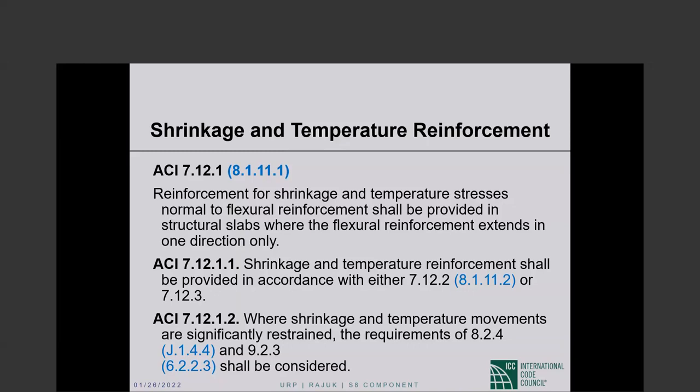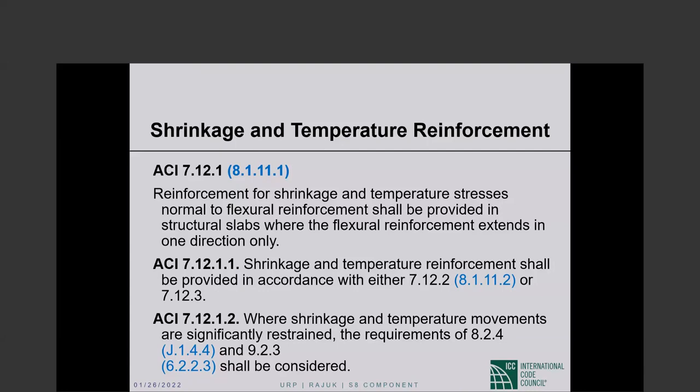Where shrinkage and temperature movements are significantly restrained, then it's a different story. Then you have to consider the stresses that can be caused by the restraint. Now it's a substantially different story. So the shrinkage and temperature reinforcement is fine when the shrinkage can take place.